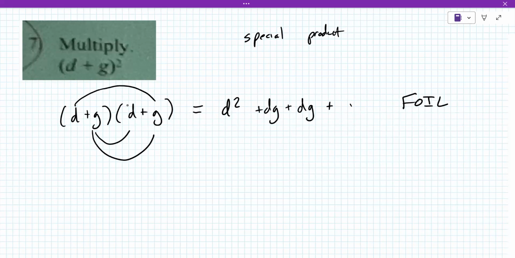G squared. All right, so if you look at the answers, none of them match what we have written here, but you can typically always combine the O and the I. Okay, so this is 2dg.